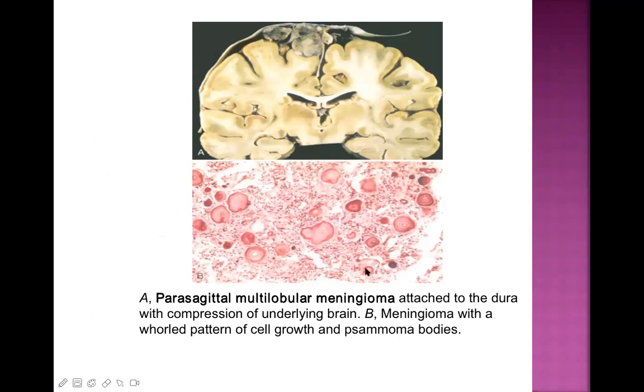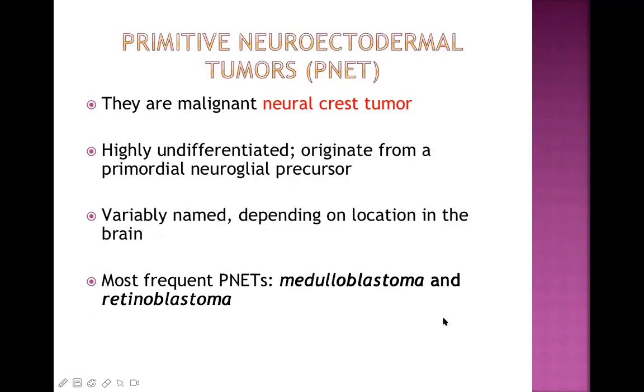Now, the third type of tumors are PNET, primitive neuroectodermal tumors. They are highly malignant, and the source of origin is neural crest cells. They are highly undifferentiated or poorly differentiated tumors.